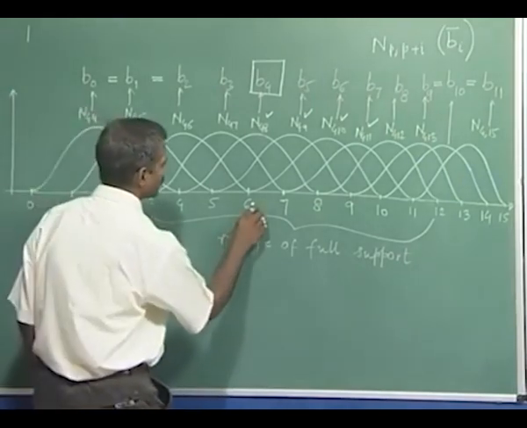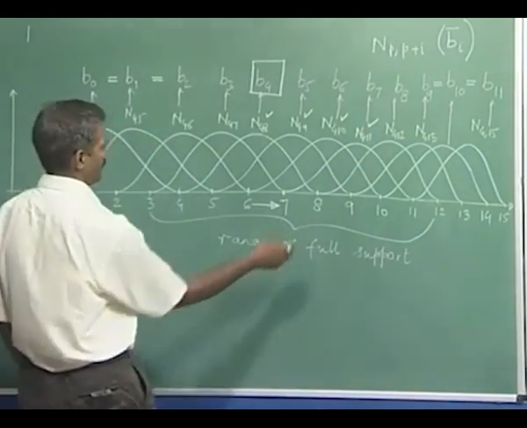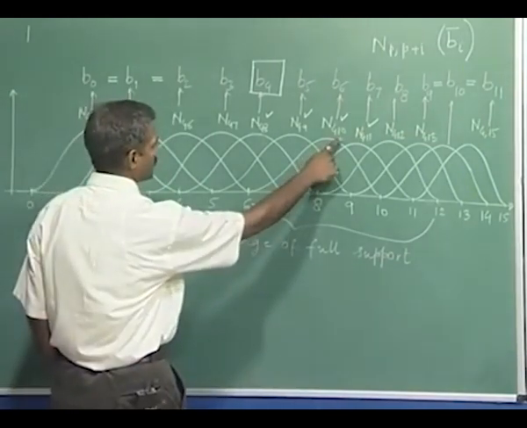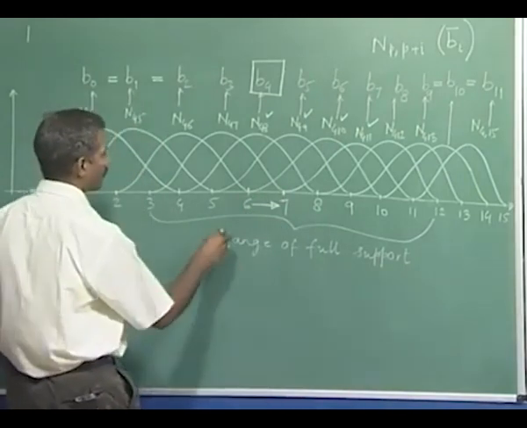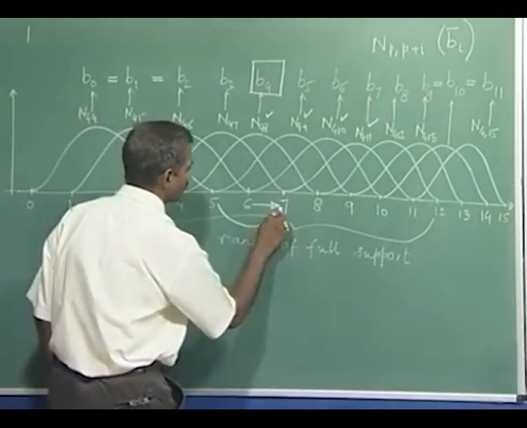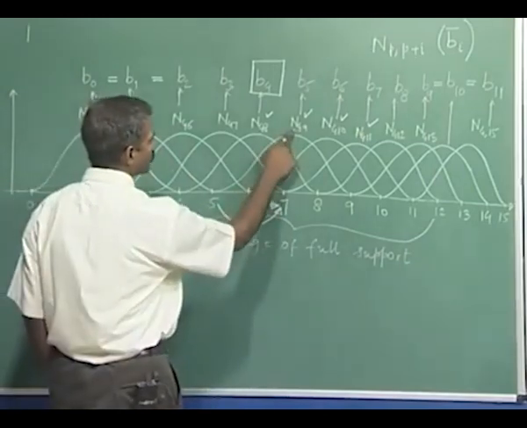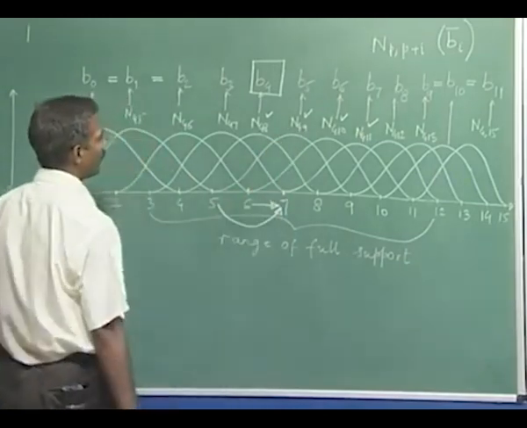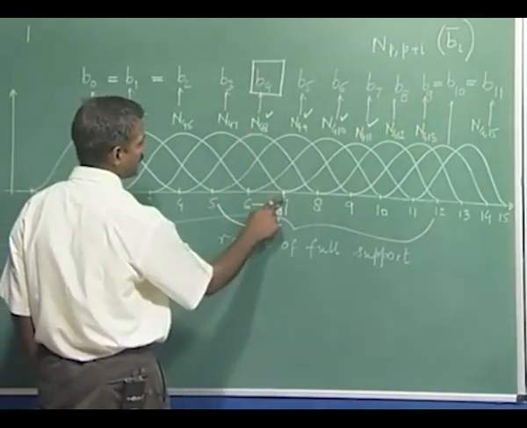If I bring T6 to T7, N410 becomes 0, and further if I bring T5 to T7, N49 also becomes 0, making N48 equal to 1 at t equals T7.